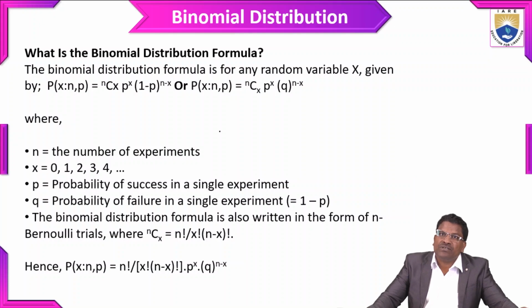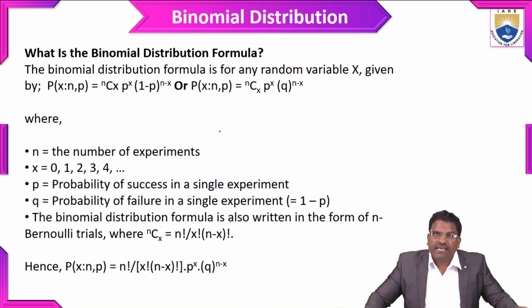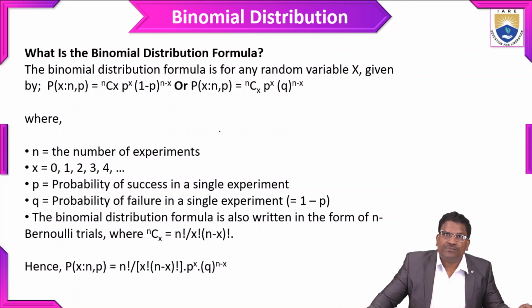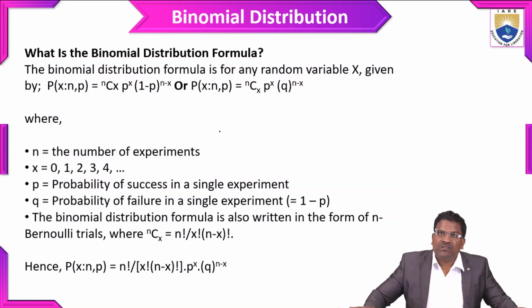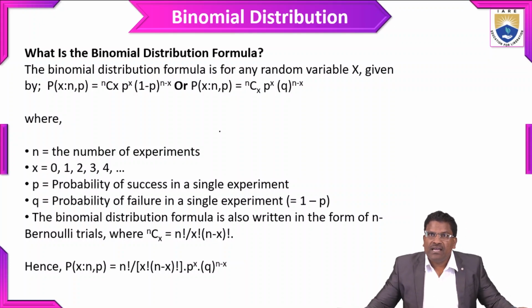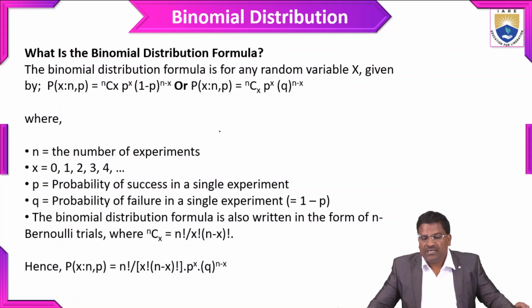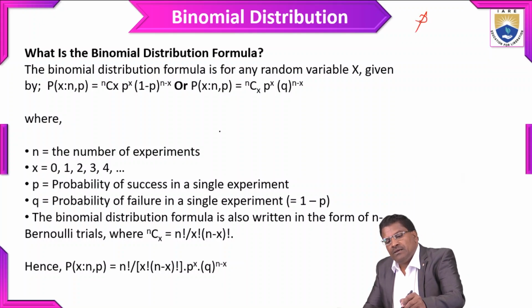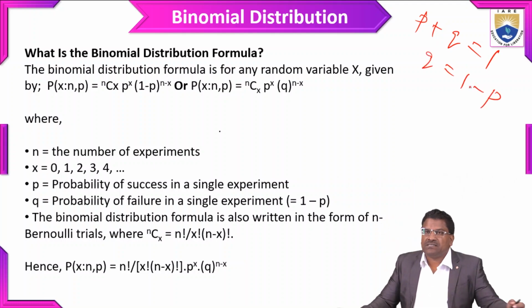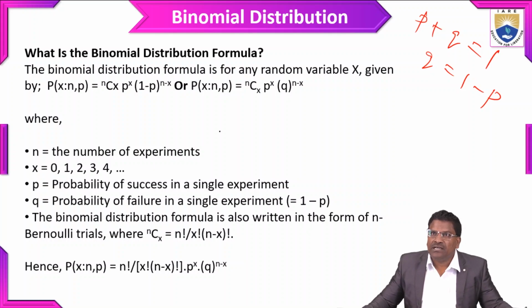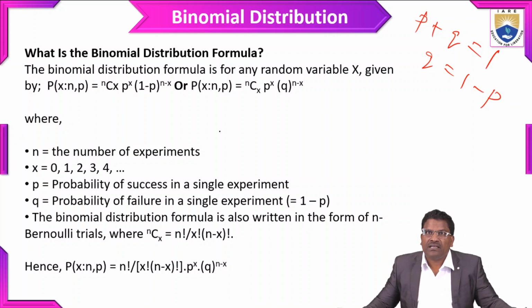That's why it is also known as P of x and p is equal to nCx p to the power x q to the power n minus x, where instead of 1 minus p we take q. Here p plus q is equal to 1, therefore q is equal to 1 minus p. Here p is the success probability, q is the failure probability.